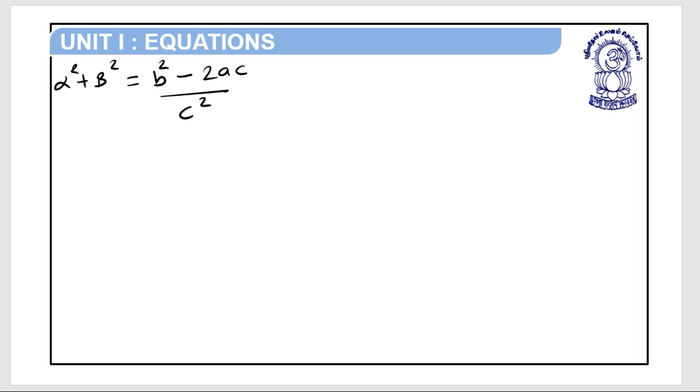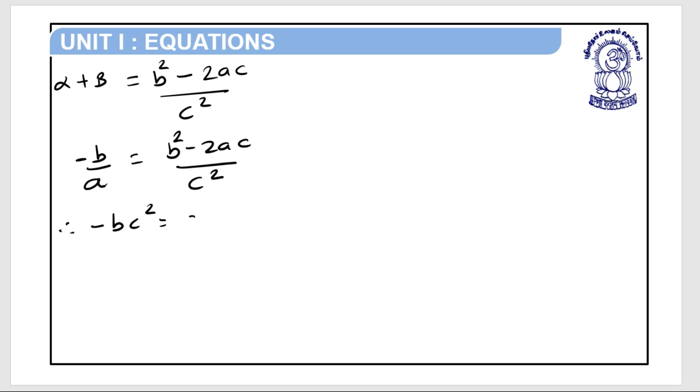This is the alpha plus beta, not alpha square plus beta square. So instead of alpha plus beta we can write minus b upon a, equals b square minus 2ac upon c square. So minus bc square, ab square minus 2a square c. So 2a square c is equal to ab square plus bc square.